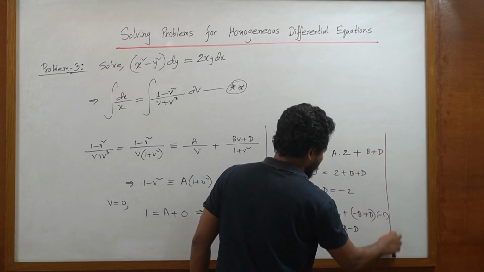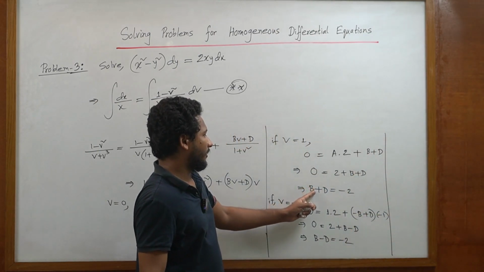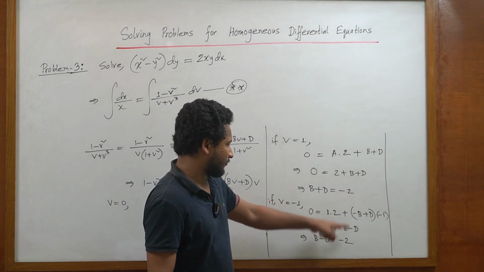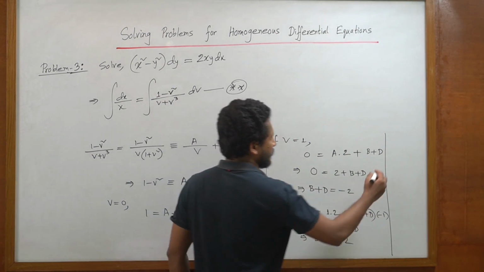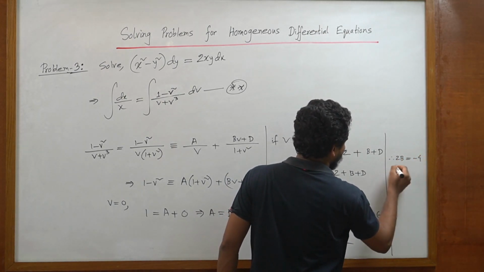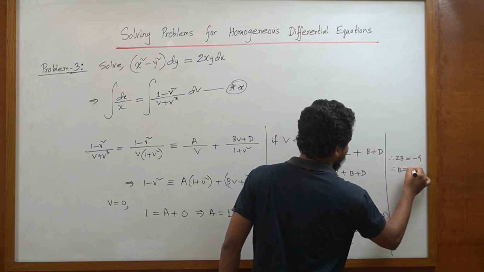Now if we add these equations, we will get 2b equals minus 4. So b equals minus 2.